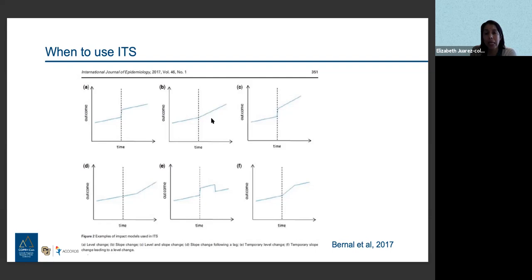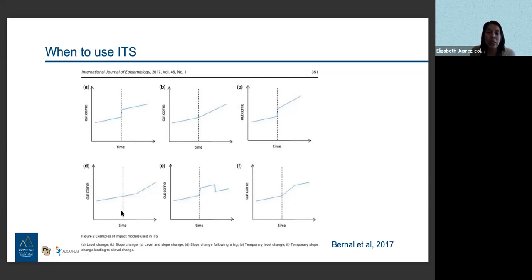In B, we don't have an immediate mean level change, but we have more of a gradual change. In C, we have both, really. You can see that the slope is also changing after the intervention. The next one, we seem to have a bit of a lag effect.